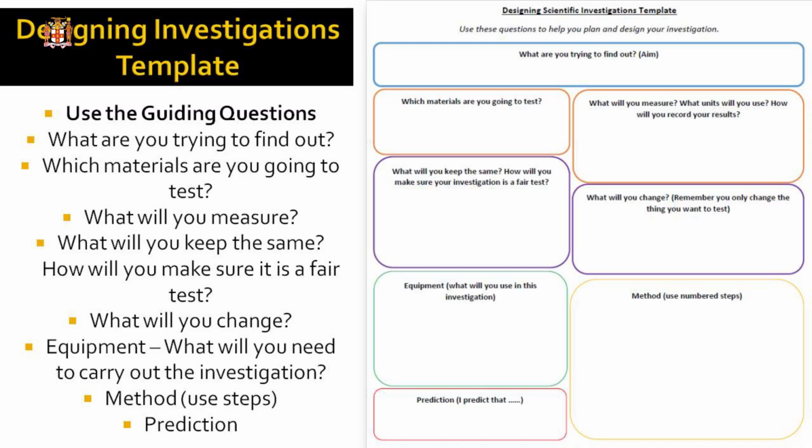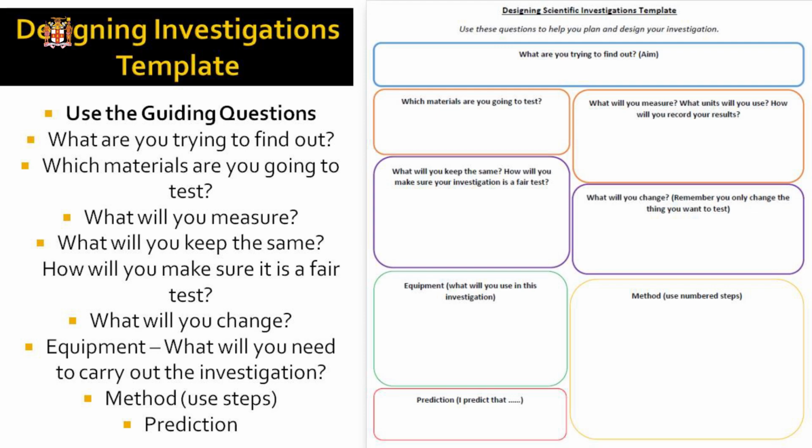All right, so we have a design investigations template that is shown, and it essentially is able to guide you through these steps, based on the questions shown. So what are we trying to find out? Very important. You cannot be doing an investigation and not know what you want to find out. And then we take it step by step.